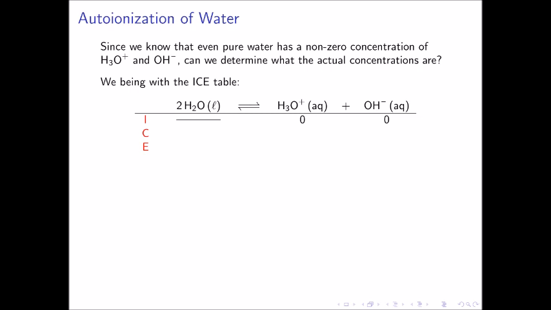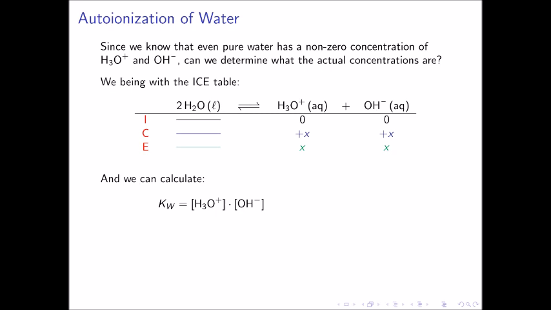We assume that the hydronium and hydroxide ions are both initially 0 molar. Next, we know that we have to react in the forward direction to form the two ions. Each of these will form in the amount plus x. This gives our equilibrium concentration line as having x and x for our two concentrations of the ions.